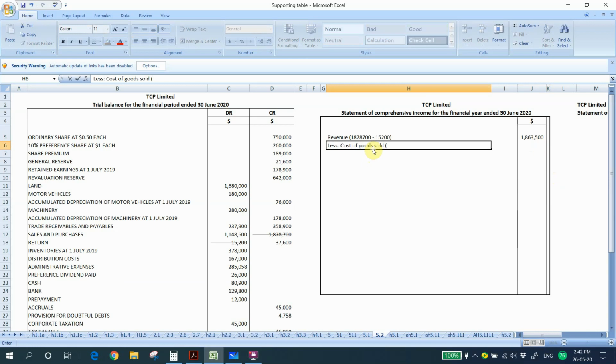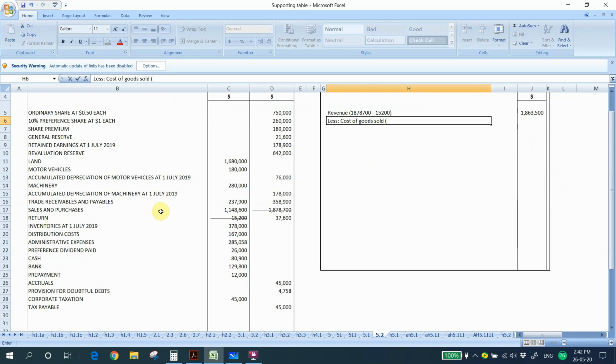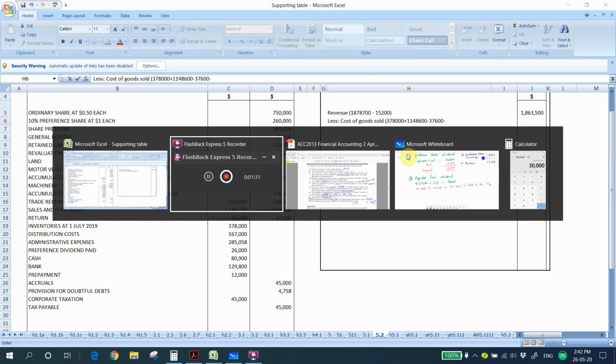So for cost of goods sold, we start from the opening inventory. The opening inventory is 378. And then we add the purchases, 114,600. And we minus the returns, 37,600, and minus again the closing inventory.